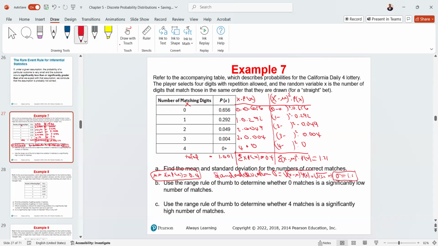So minus 0.4, that's the mean, 0.4, okay? So meaning the totals, when you add up everything, let me check, grab my calculator. If you add up everything, it's 0.36.